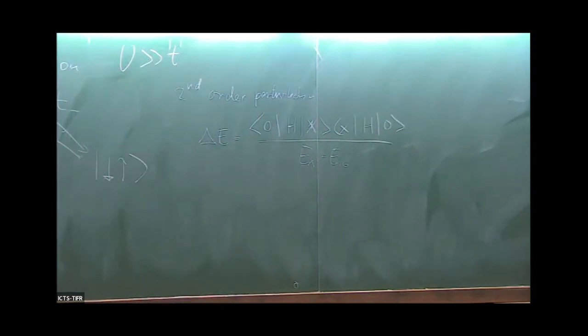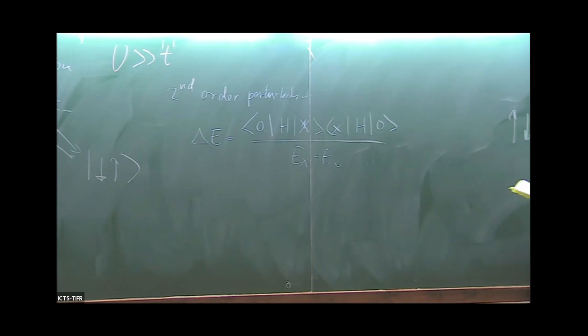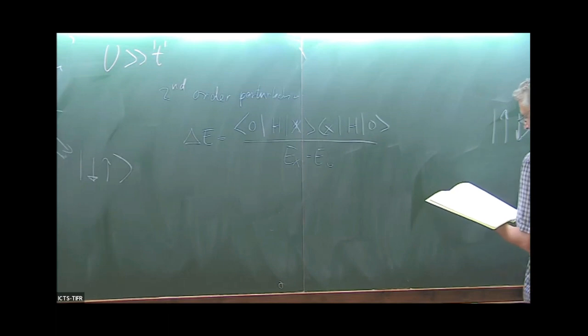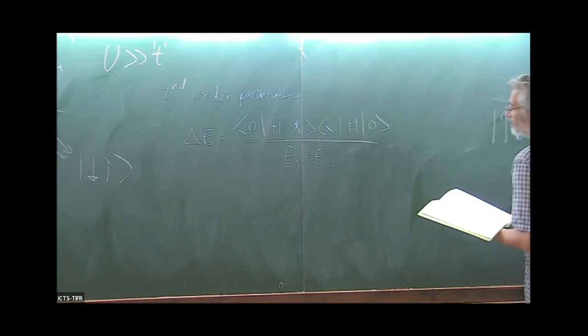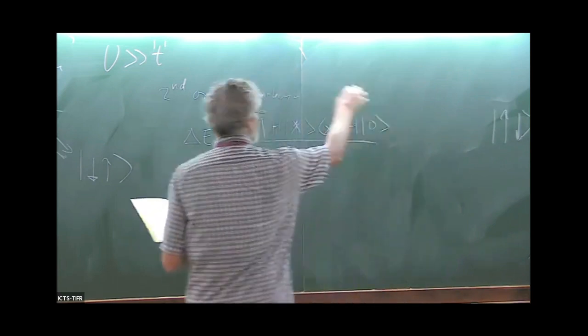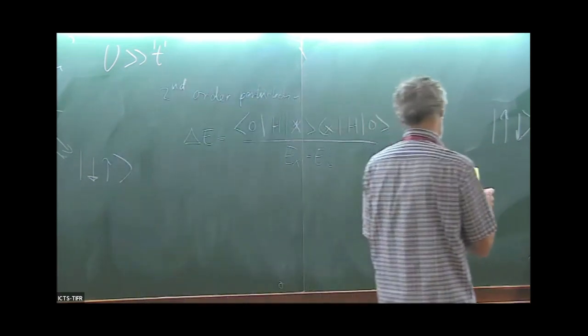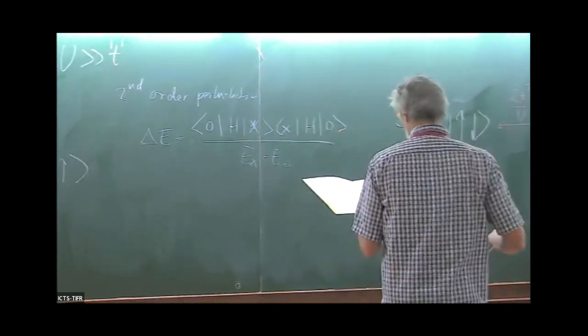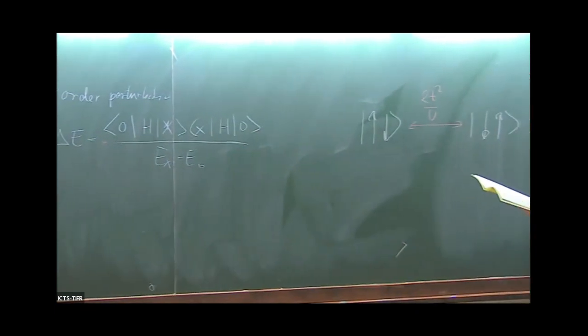What we end up with is something like this: there's an up spin, down spin, down spin, up spin, and there is a 2t squared over U coming from this expression of second order perturbation theory. Maybe there's a minus sign here. That will connect these two spins.